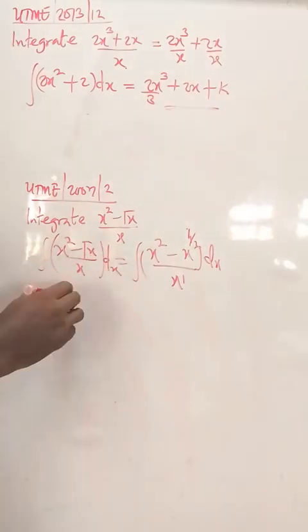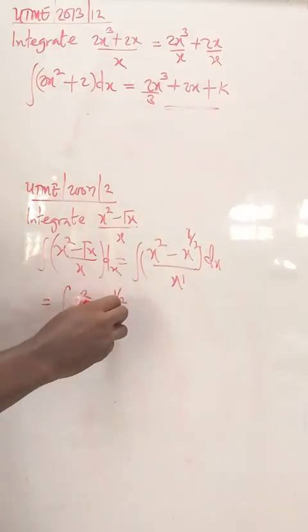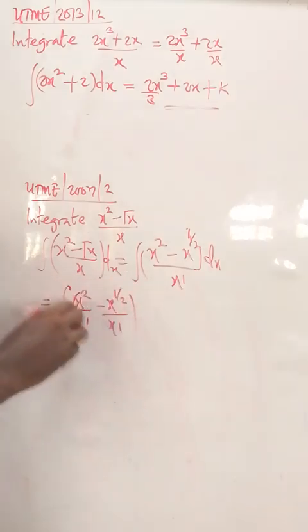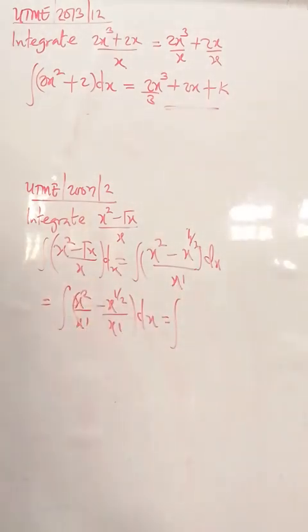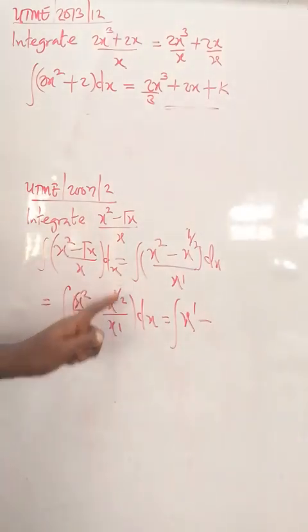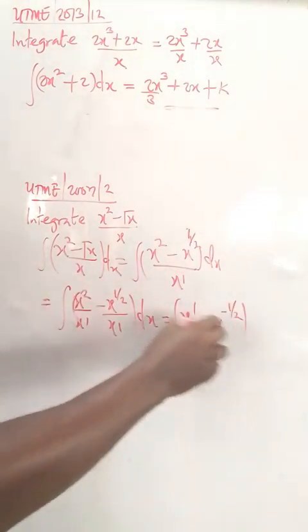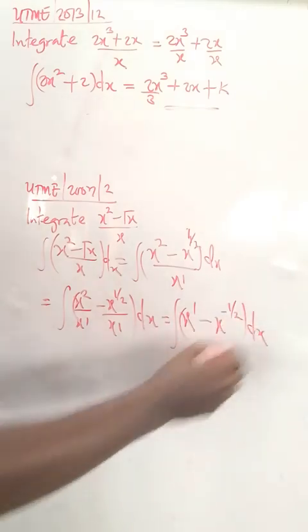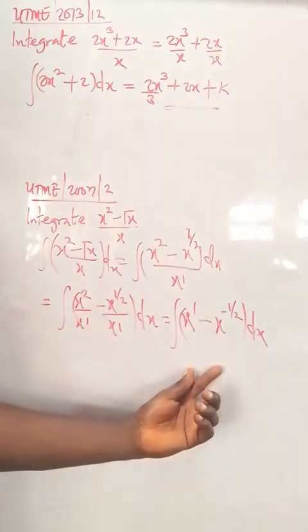The integral of x squared over x minus x raised to power half over x raised to power 1 dx. And this becomes the integral of x raised to power 2 minus 1, that is x raised to power 1, minus x raised to power half minus 1, that is minus half, dx. We've not started integrating, we only simplified so that it becomes this form.